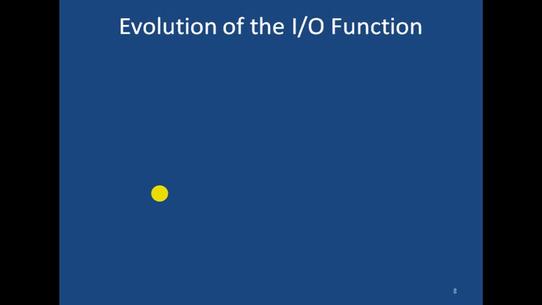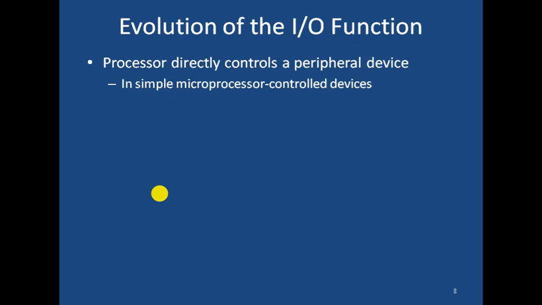The next one is the evolution of the I/O function. How the I/O function can be carried out. There are many types of functionalities designed starting from the introduction of the computer. Now we will observe the evolution process. The first one: the processor directly controls a peripheral device.